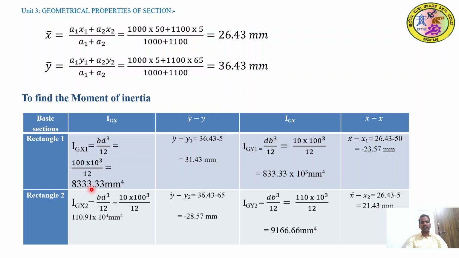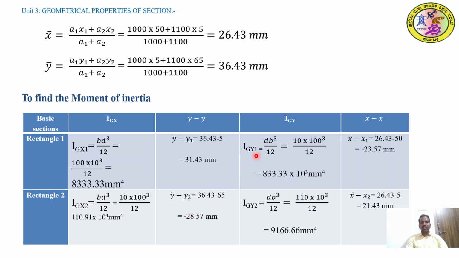It's 8333.33 millimeter power 4. Here we need to find the centroidal difference of the whole section with respect to the first rectangle, that is y bar minus y1, which is 36.43 minus y1, the centroidal distance of the rectangle with respect to the x-x axis, 5 millimeter, which is 31.43 millimeter.